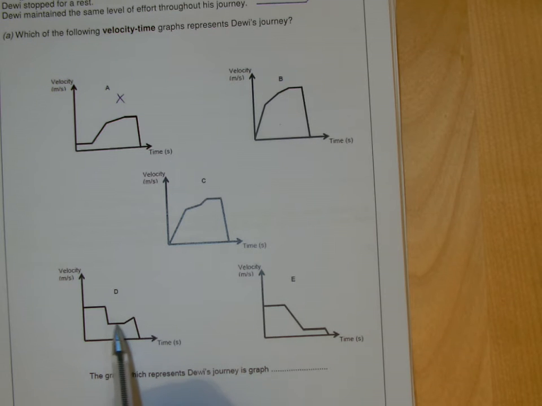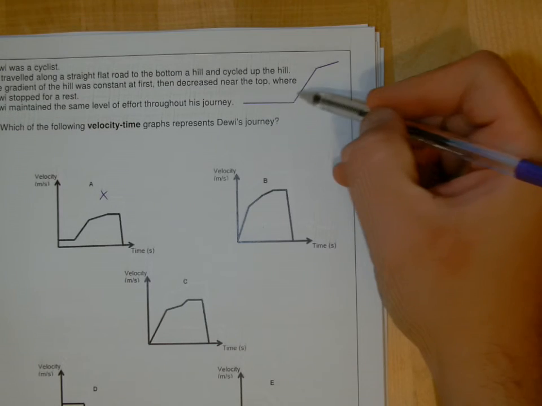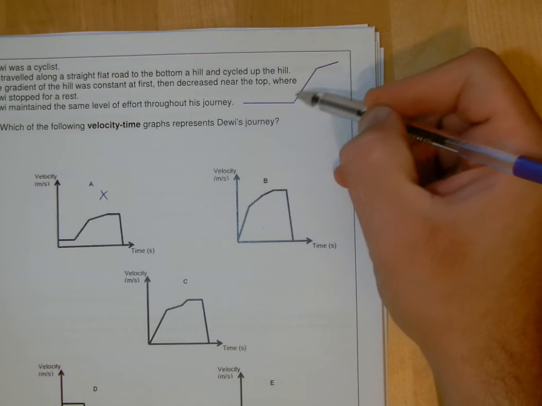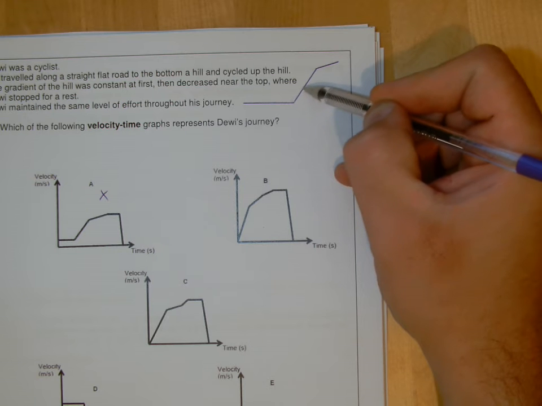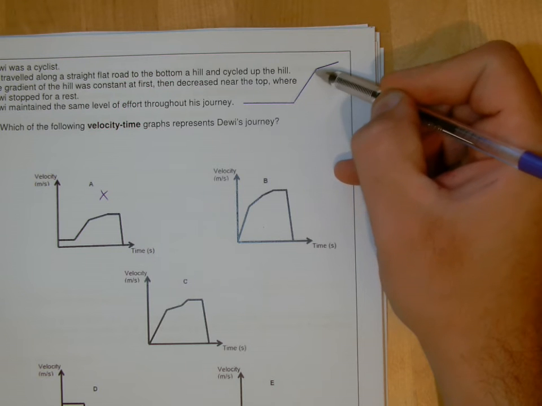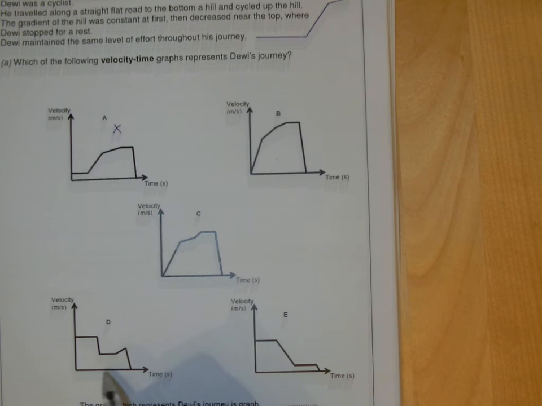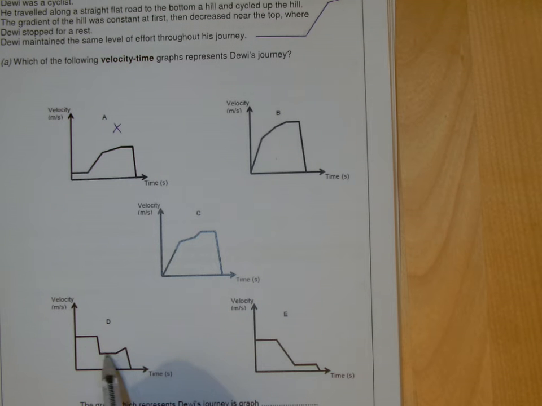Then he travels at a constant speed, which is what you should expect, because if he's going up this hill and he's working at the same rate throughout, and it's a constant slope up, he should be staying at the same speed. But notice the speed is a lot less than when he was going on the flat, which is what you'd expect. It'd be lower going up the hill.